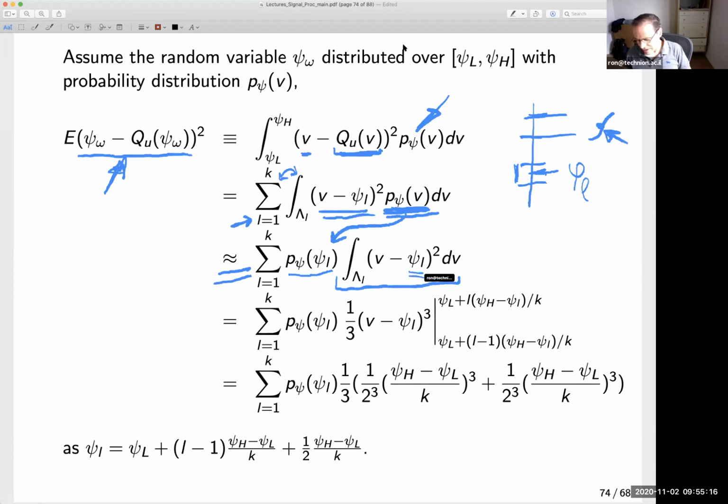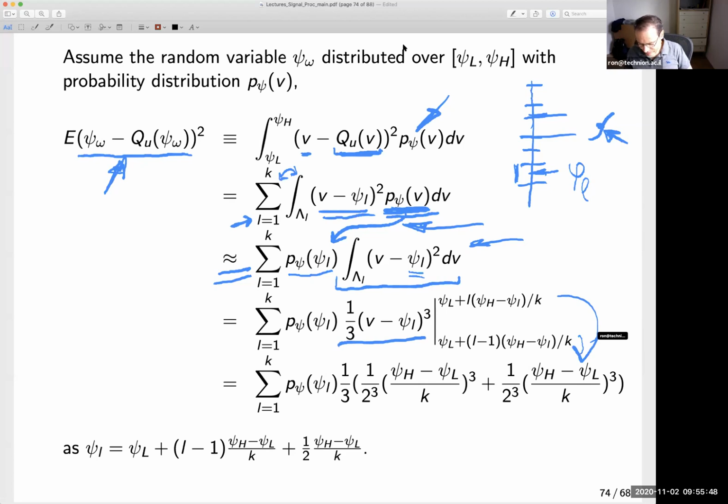So again, this is when I have my quantization level really dense. I can actually use this approximation in order to do the math. Now, after doing this approximation, everything is straightforward because I have a quadratic equation for V, and this is something that we know how to integrate. Immediately, we get what is written here, and this should hold for each and every interval. And plugging these bounds into the integral, this is what I would be getting.